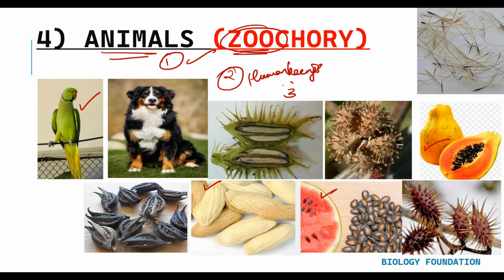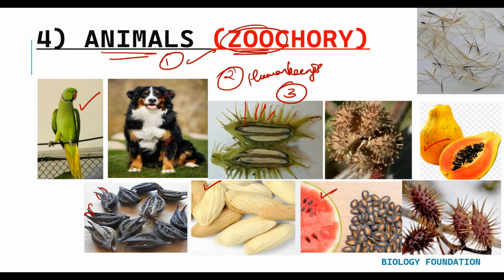The third way how animals help in seed dispersal is, some seeds have spines on their surface. Can you see these structures? Or hook like structures. Can you see hook like structures? Now, have you ever observed, if you take your pet to a garden, and your dog goes through the bushes, sometimes there are a few seeds which get stuck onto its fur.